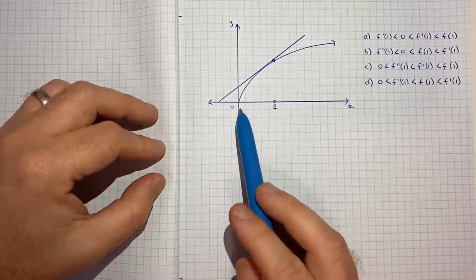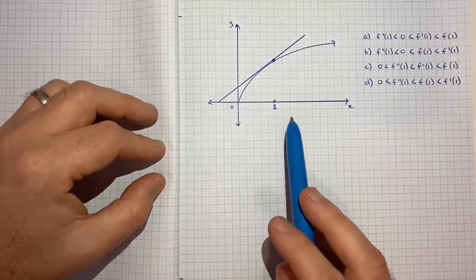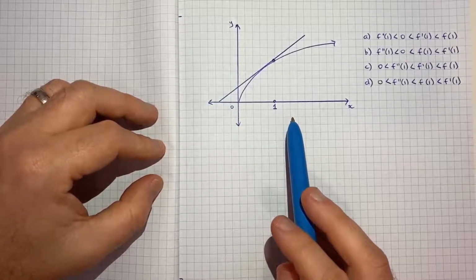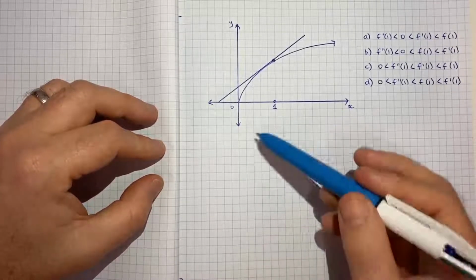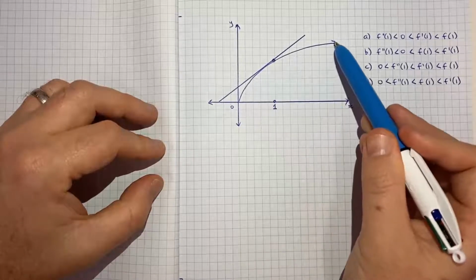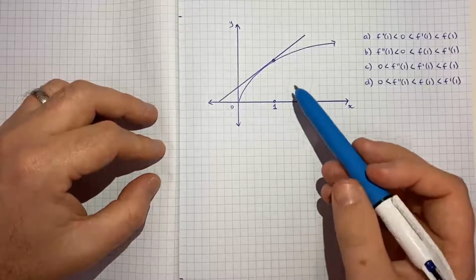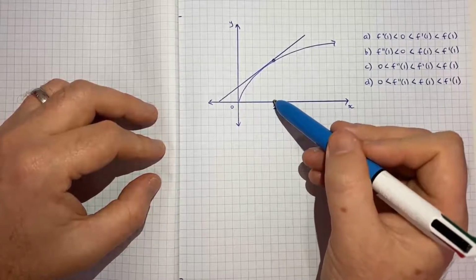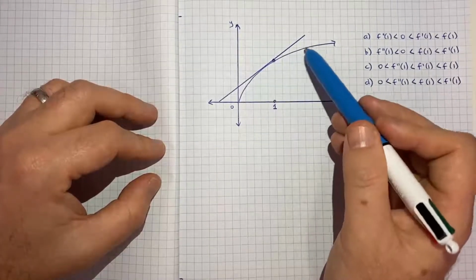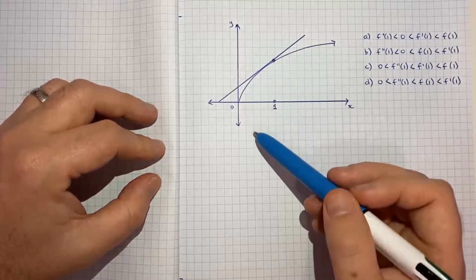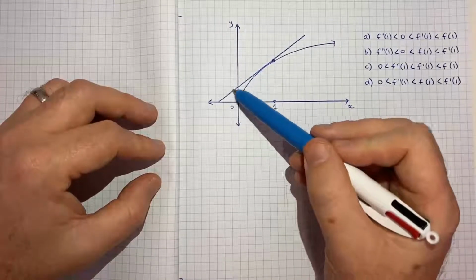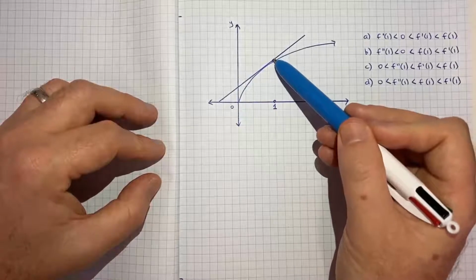So looking at what we're given, the first thing that I think becomes useful is the fact that this curve is concave down. In terms of knowing that, we're concerned particularly at point 1, but in general, anywhere on a curve, you can conclude that it's concave down if the tangent line sits above the curve.